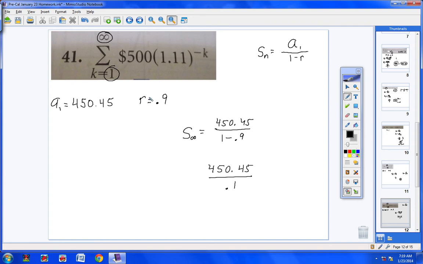Now if you were to find this sum, divide 450.45 by 0.1, you would get 4,504.5. Now I'm looking at the answer here. We're off just a hair, probably because we rounded, but that's totally acceptable. So this would be your sum or your limit of the infinite geometric series.